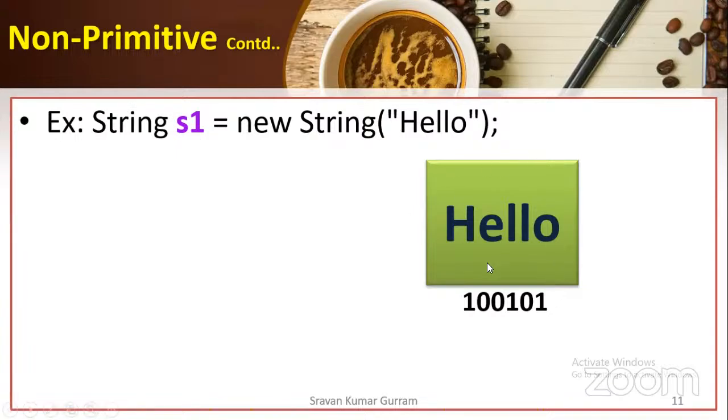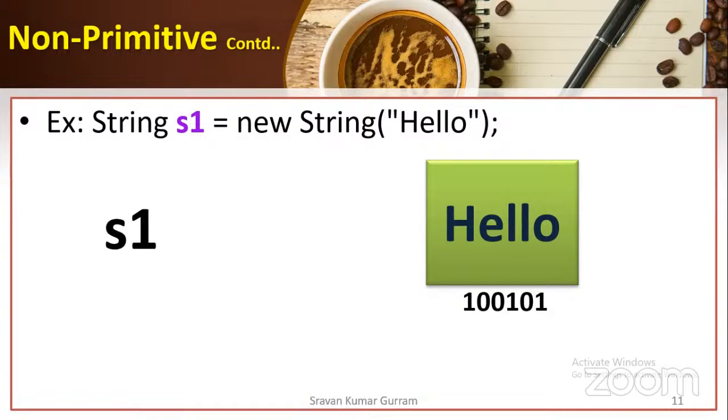A memory cell is created. Every memory cell has a unique address in the memory. Within that cell, the value hello is stored. But when you create object S1, within S1 the value hello is not available. Please observe this point. Previously, we created int number = 10, and within that variable number, only the value is available.